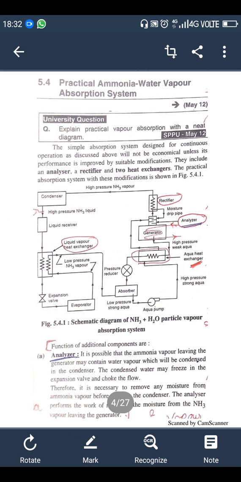We are going to see the next topic, which is the practical ammonia vapor absorption refrigeration system.